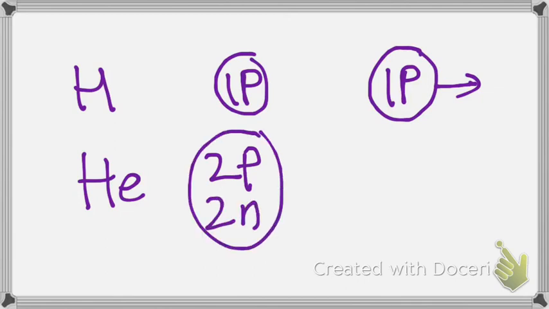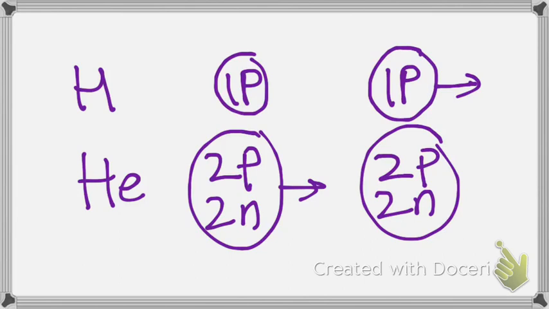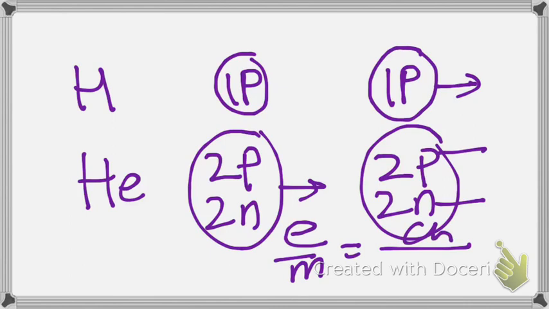So when ionized, there will be two protons and two neutrons. The mass of two protons and two neutrons is greater, so e over m ratio will be small because we have to divide charge by mass, and the mass of two protons and two neutrons is greater than hydrogen.